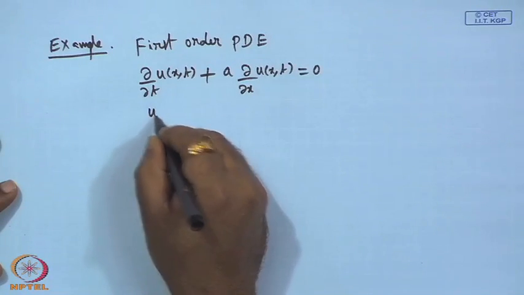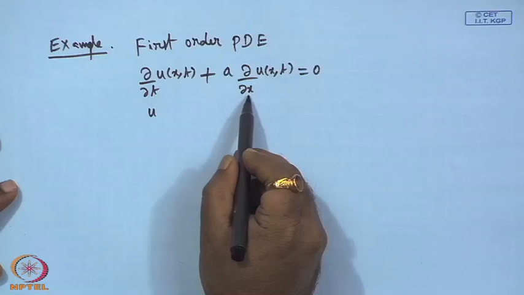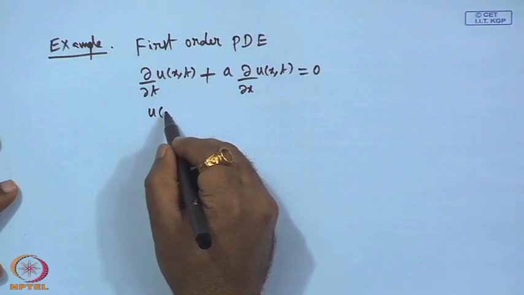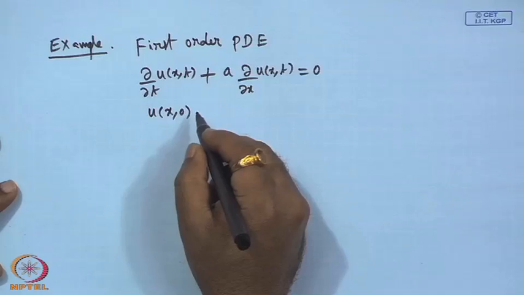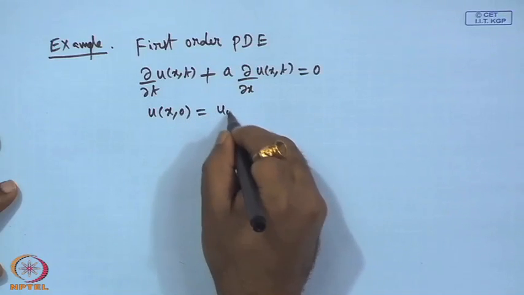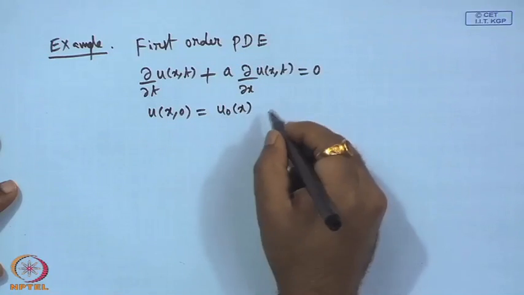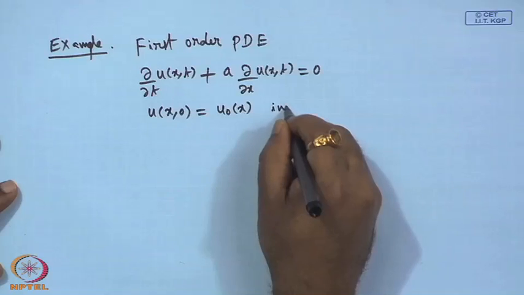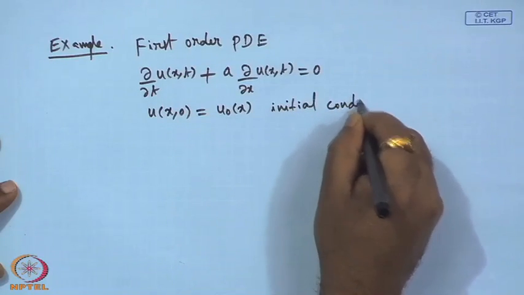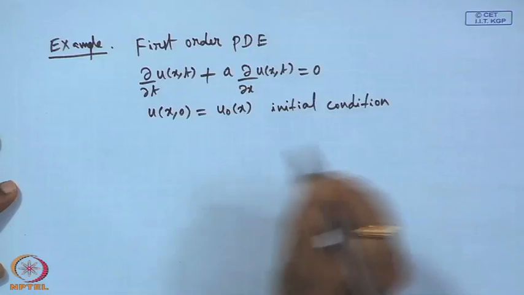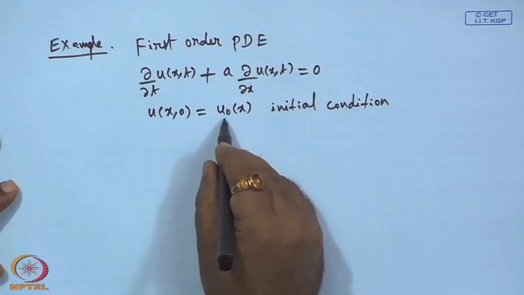So, with respect to time it is one derivative. So, we need an initial condition, say u_0 of x. So, this is our initial condition.